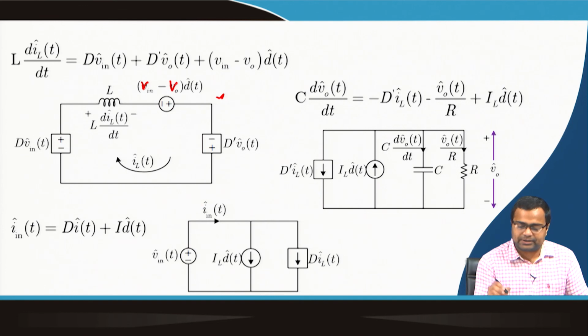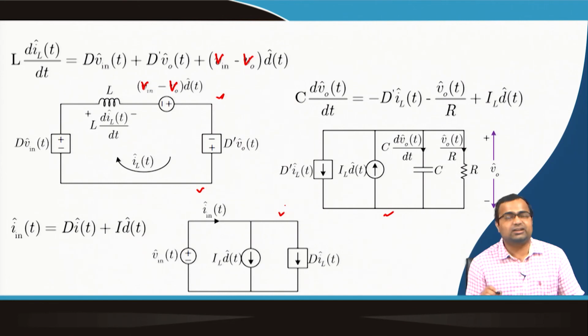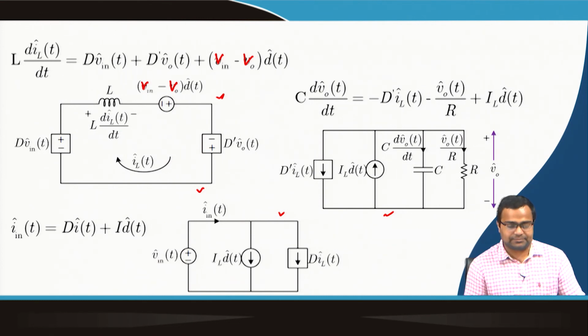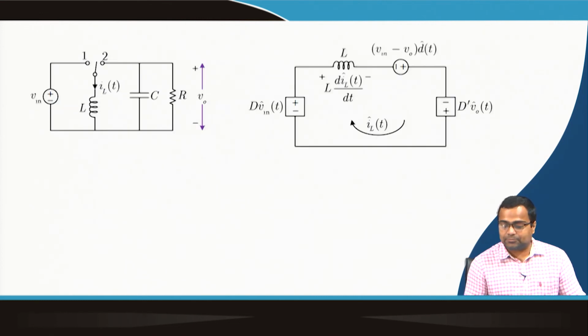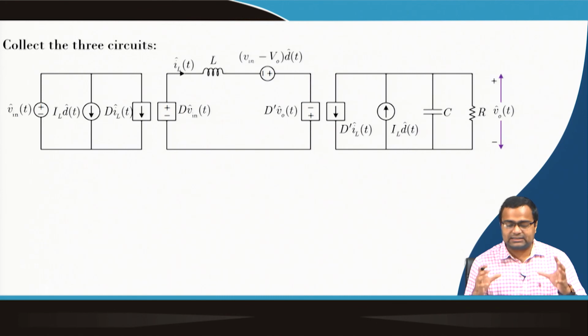The three individual sub circuits are the perturbation dynamics corresponding to the inductor current, the capacitor voltage and the input current. Then we can club all these three together. These are the three equivalent circuits, and then we have to collect these three terms.